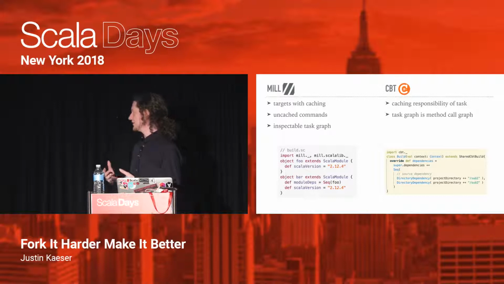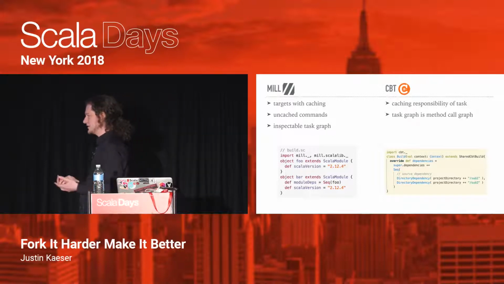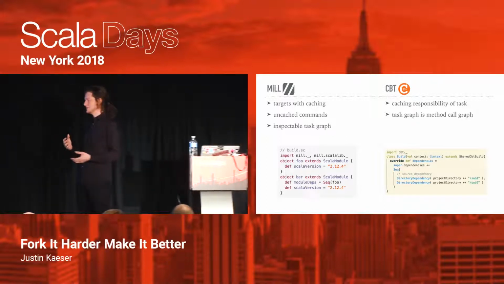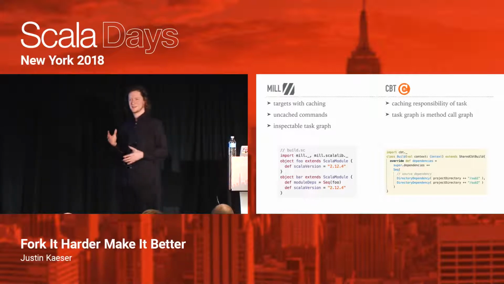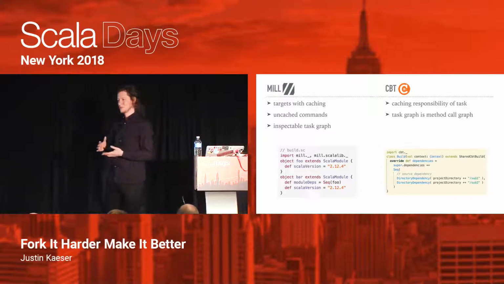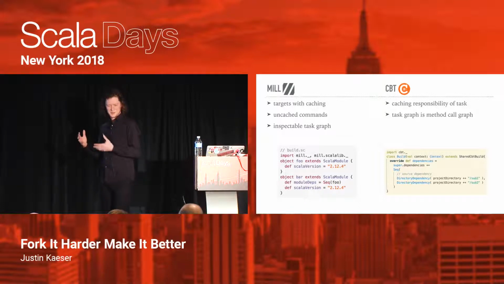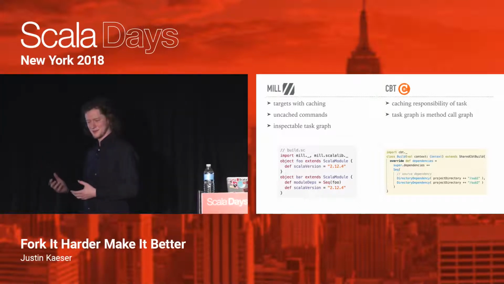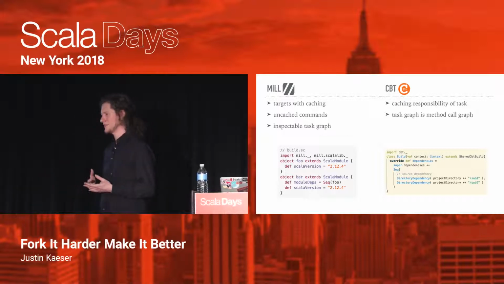They differ slightly, for instance, in the way the configuration is exactly implemented. In CBT, everything is really a plain Scala build graph, plain Scala methods that you call. So the task graph is basically just the method call graph.